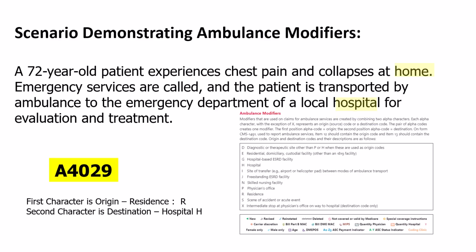Well, they took the patient to the emergency department of a local hospital. So the first character is an R, right? If you look at R, it's residence, and the second is an H, hospital. So our code will look like this: A0429RH.